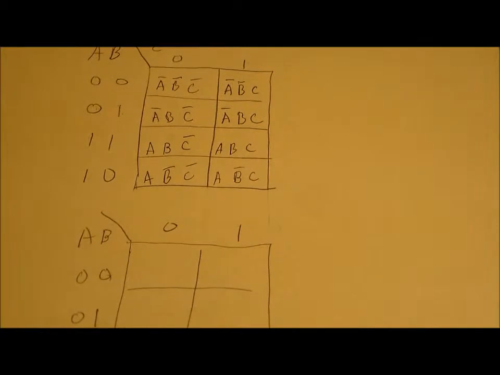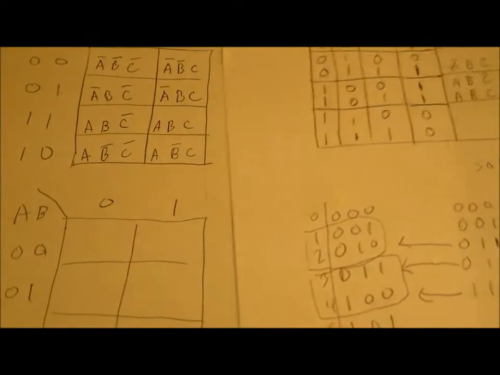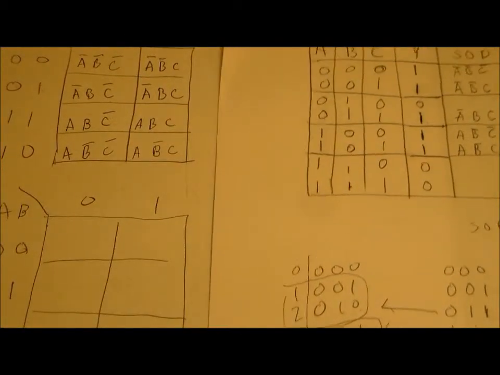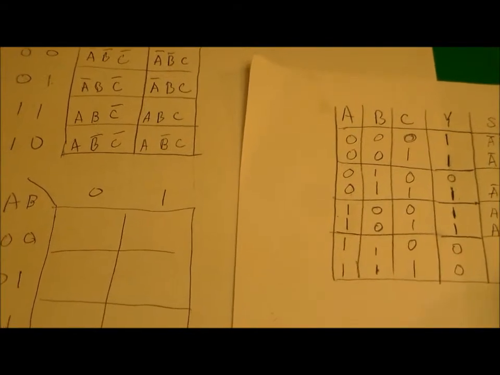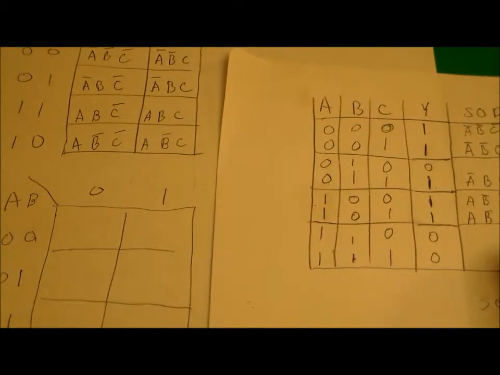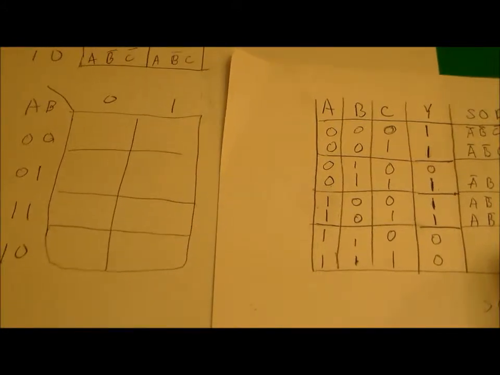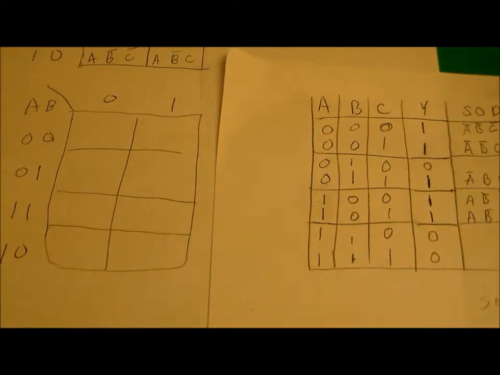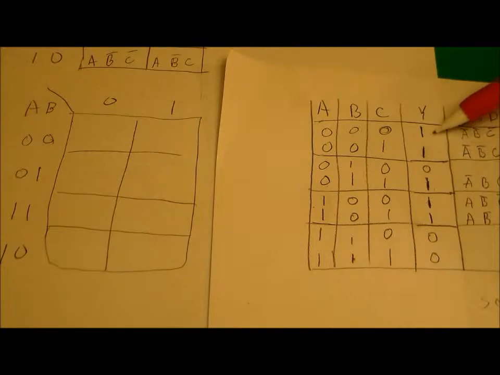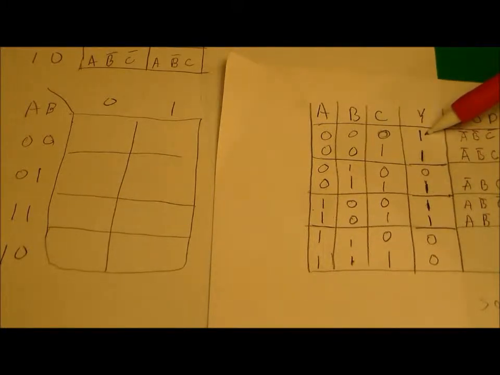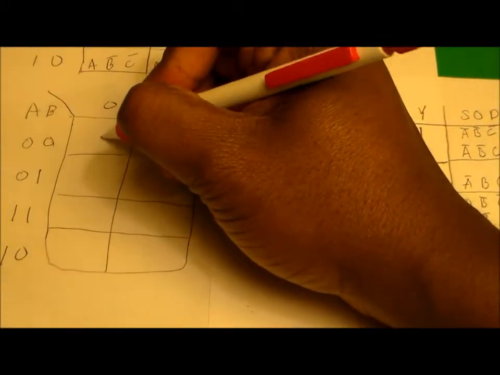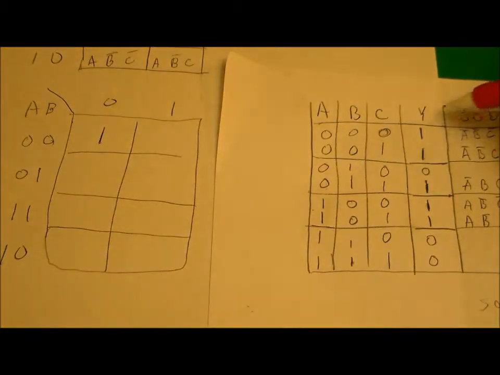Okay. And remember, let's move this over here. Let's see if we can get both of these on the screen at the same time. All right, we'll make this happen this way. So we have a 1 when they're all zeros. So that means we're going to put a 1 into this box right here.